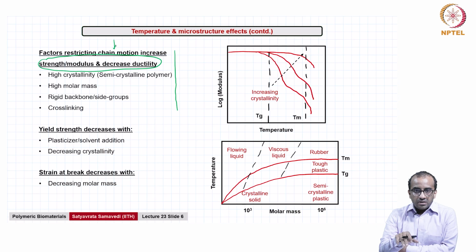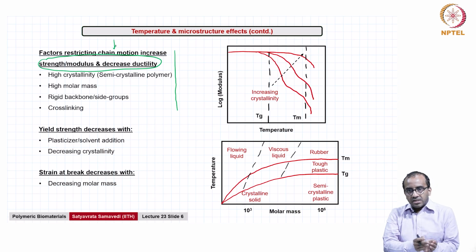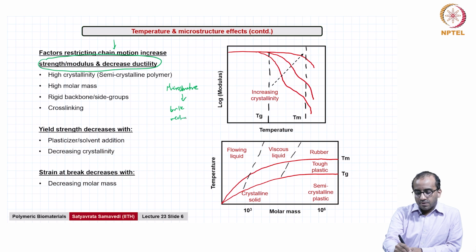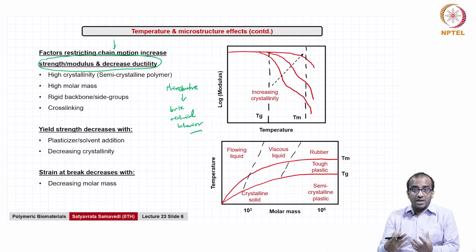And now you can go and make the second argument, which is to say those kinds of factors will now have effects on the bulk. So, again what we are doing is connecting microstructure to bulk mechanical behavior. This is a very important connection we are making.